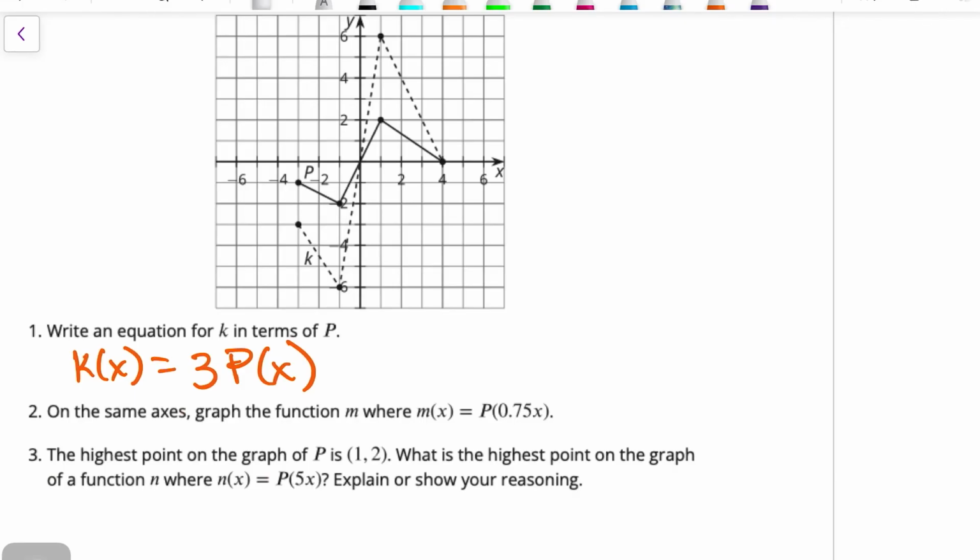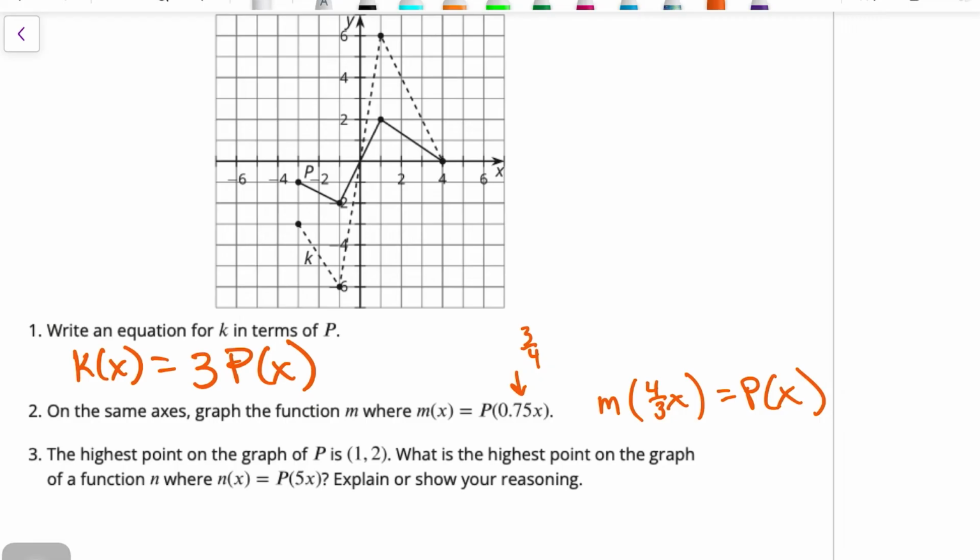All right, taking a look at number 2, on the same axes, graph the function m, where m of x equals p of 0.75x. So basically, if we have a smaller x value being plugged into the p, it's going to be a larger x value plugging into the m. So that's kind of the same thing as m of 3/4, so 4/3 x is equal to p of x, because it's just the reciprocal.